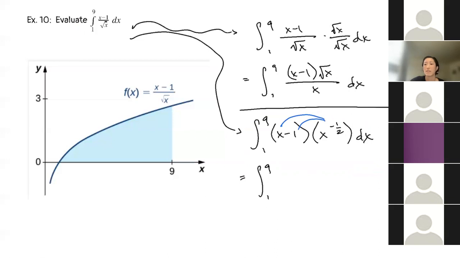Right, and so I do want us to think about what we get when we distribute, because all these exponential rules come in so handy. All right, so we get x to the 1/2 minus x to the negative 1/2.